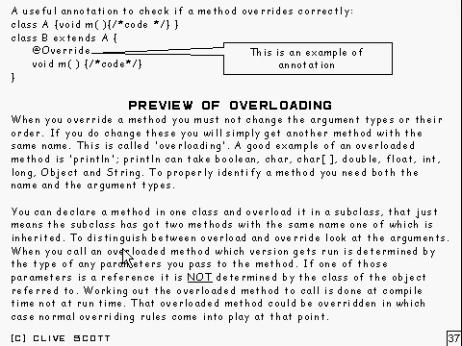When you call an overloaded method, which version gets run is determined by the type of any parameters you pass to the method. It's of course not determined by the class because that is not available to the compiler.